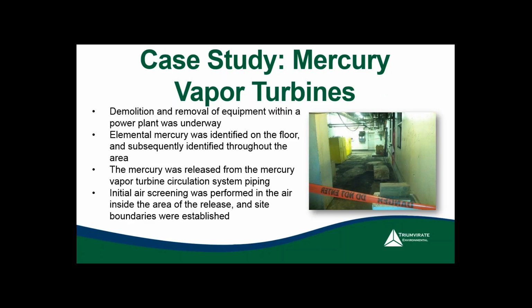The mercury was released from the mercury vapor turbine circulation system piping onto the floor, walls, and even asbestos thermal sealant insulation that was being removed during asbestos abatement. Initial air screening was performed, the area of the release and site boundaries were established, and it was determined that the plant had to be evacuated.